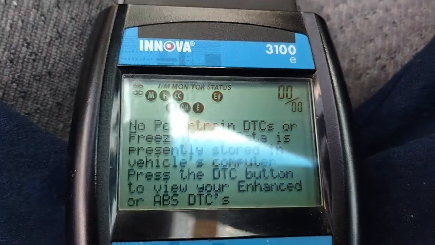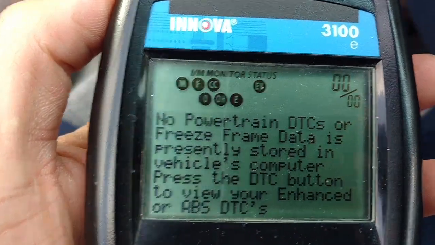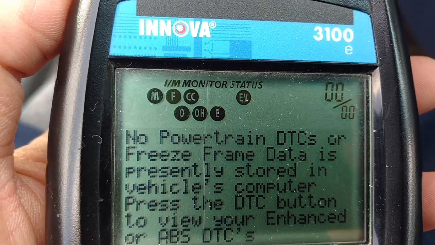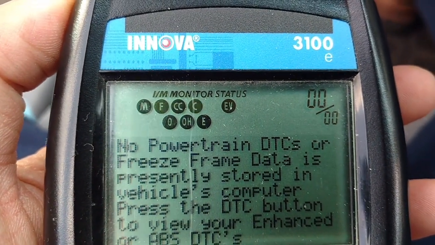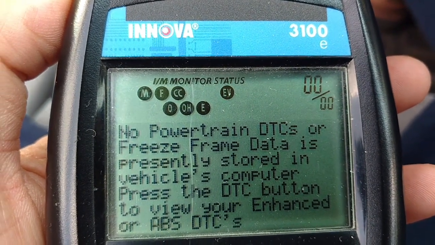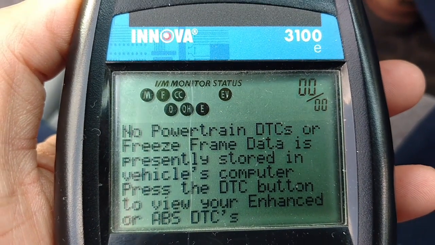Okay, let me disconnect this. Okay. Wow. Look at that. As you can see, the EVAP monitor is ready. That means there was something wrong in the canister.